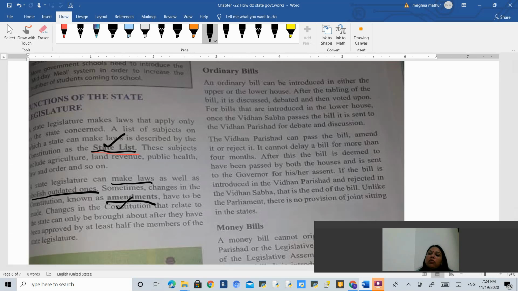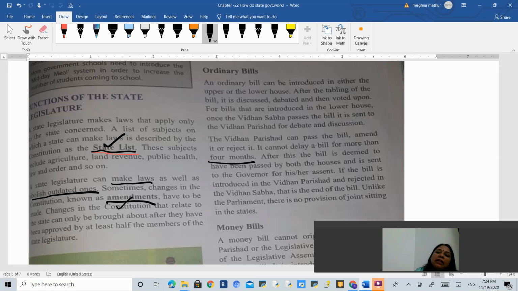Both have equal powers, and they cannot delay the passing of the bill for more than 4 months. In 4 months they have to decide whether to accept or reject the bill. If they are not able to decide anything in these 4 months, then that bill will be considered as passed by both houses, and it will go to the governor for his or her final approval.